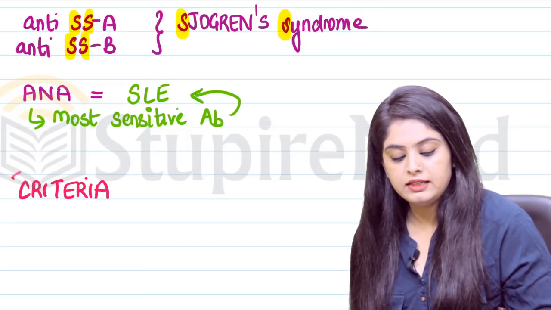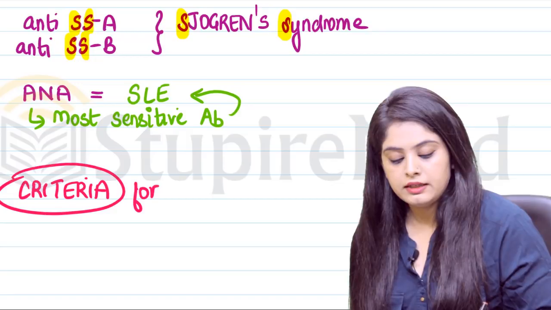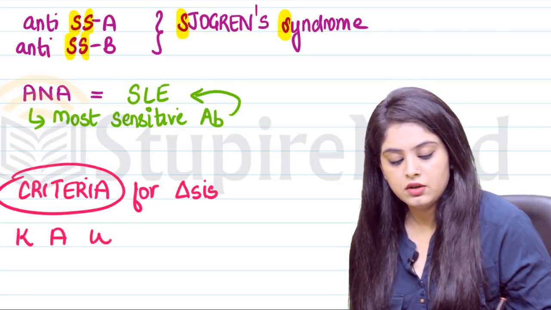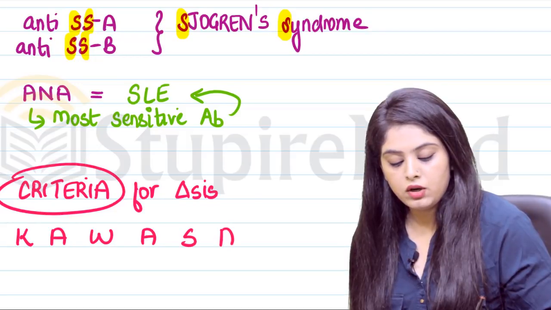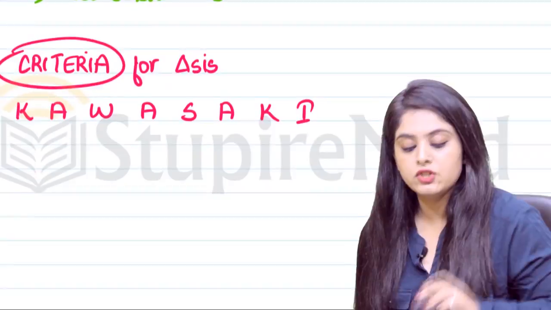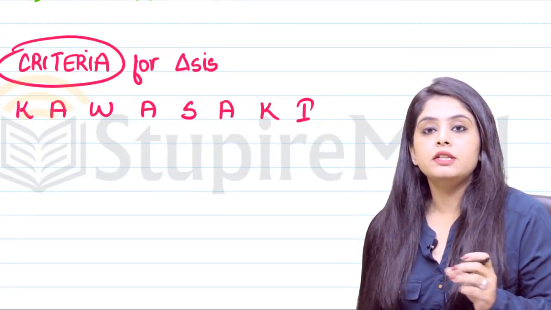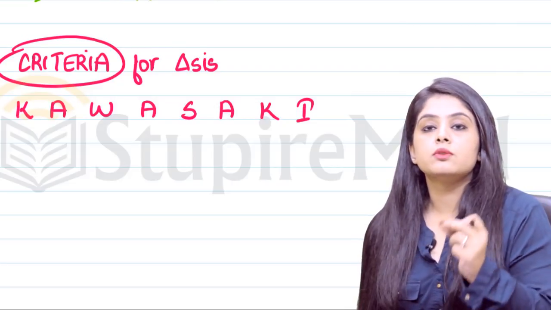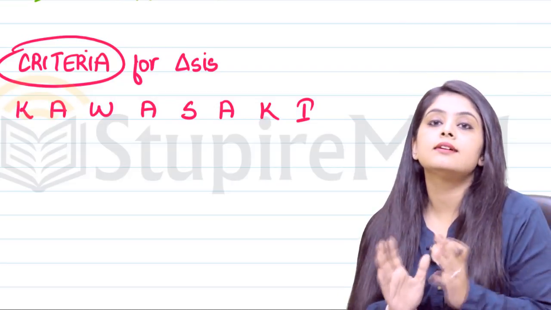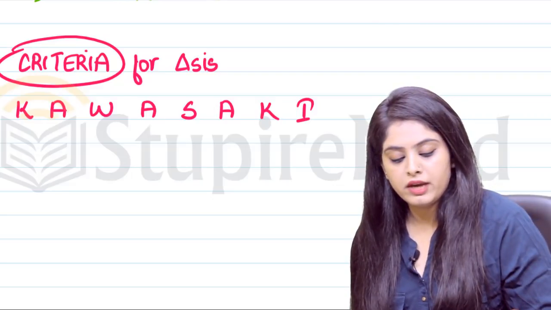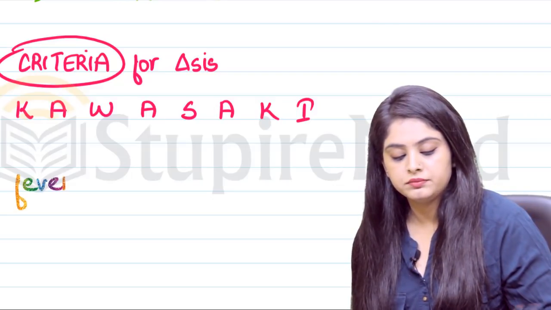What is the criteria for diagnosis of Kawasaki disease? So we've done all of the important features you had to know. All the important features are done. Now we just need to, from those features, select out which are the features which will help us in formulating a criteria. So the first important thing that you need to know has to be fever.